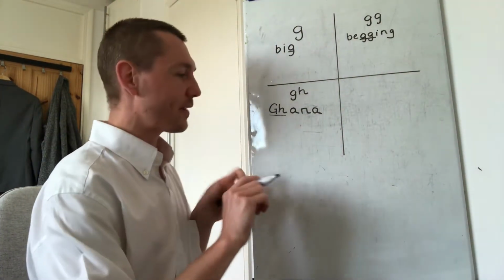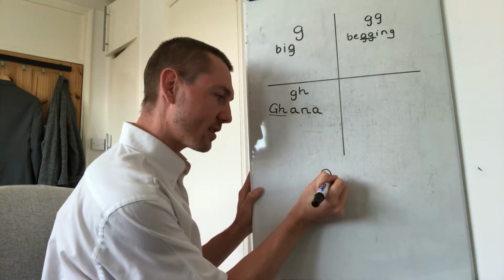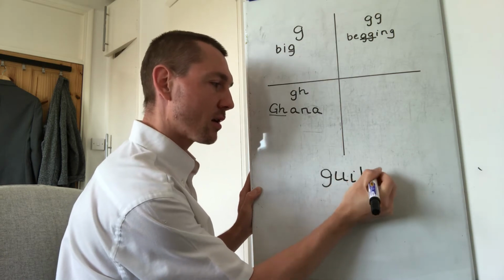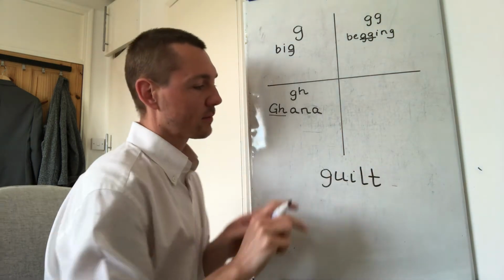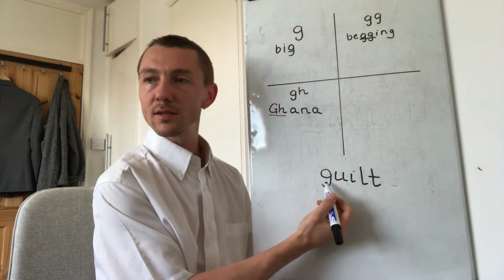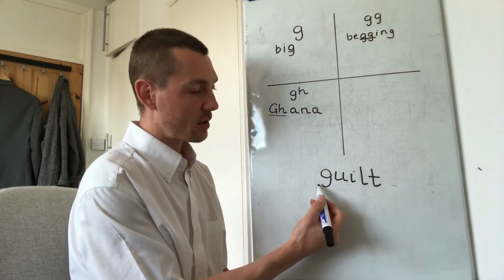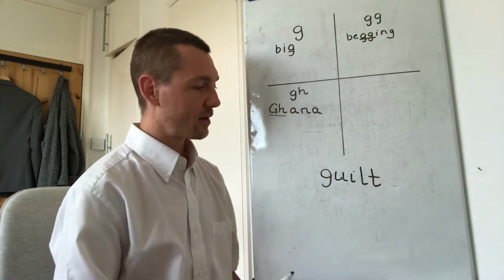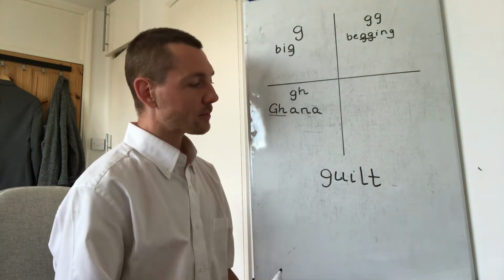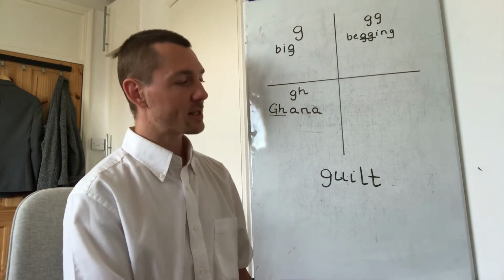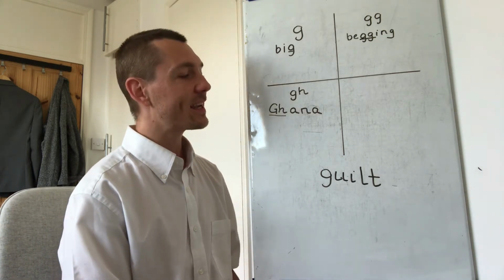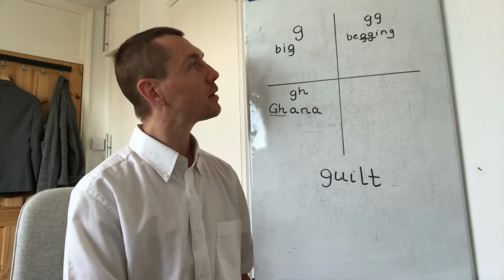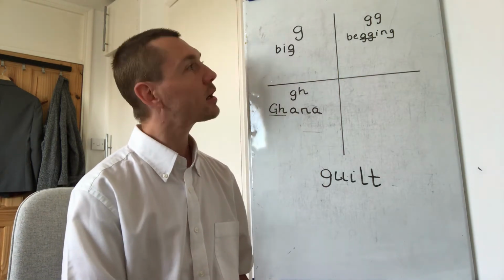Let's have the next word. Okay, the word is guilt. Guilt. And if we're looking for a spelling of G in guilt, what would you think? What do you think?